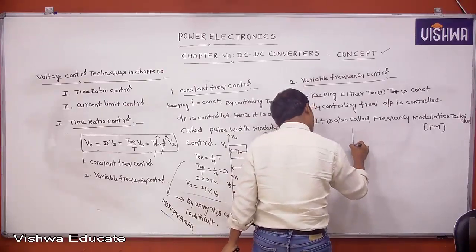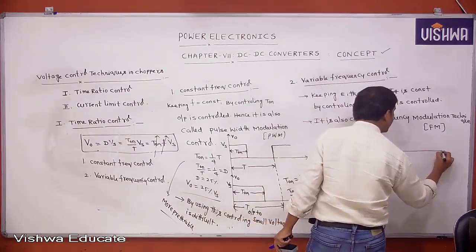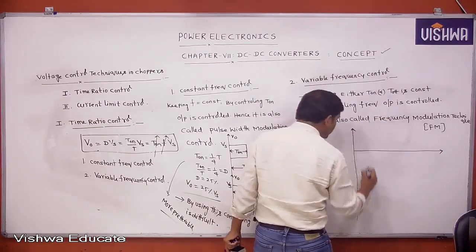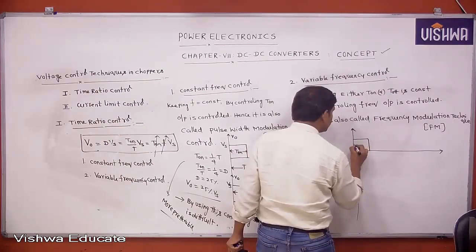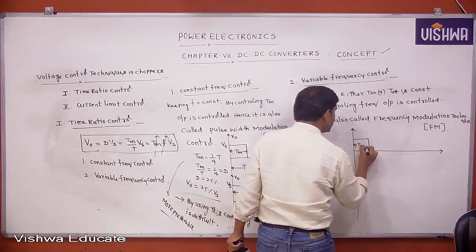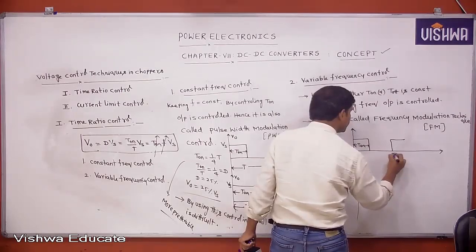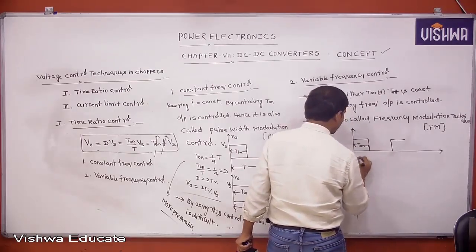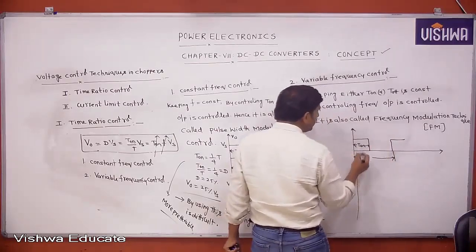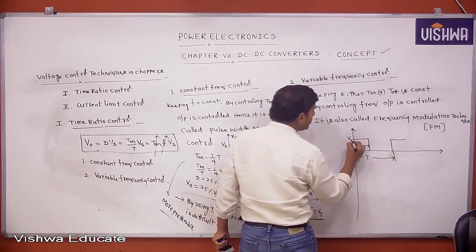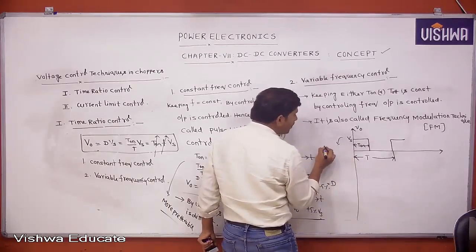Take one example. Keeping either T on or T off constant, by controlling frequency, output is controlled. For example, let this be T on and this be total T. Let this be Vs and this be V0.